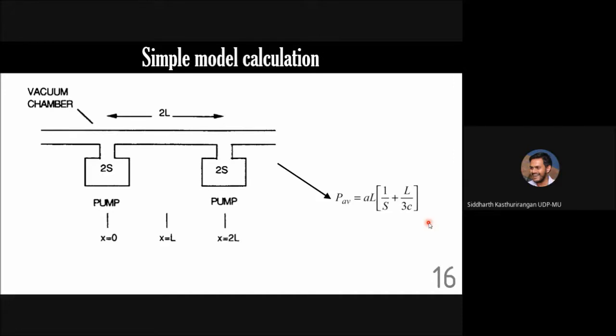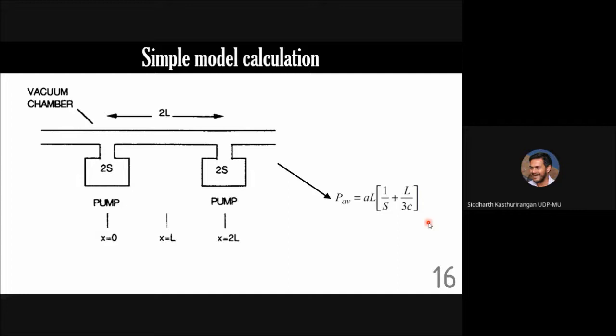In most of the vacuum systems in accelerators, you have pumps at regular distances along the accelerator. And this is a model calculation for two pumps, each of them having a pumping speed of 2S. The 2 is taken for convenience of the calculation actually, and they are separated by a distance of 2L.